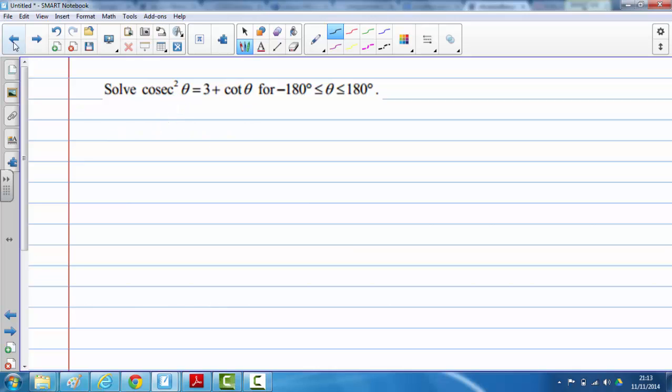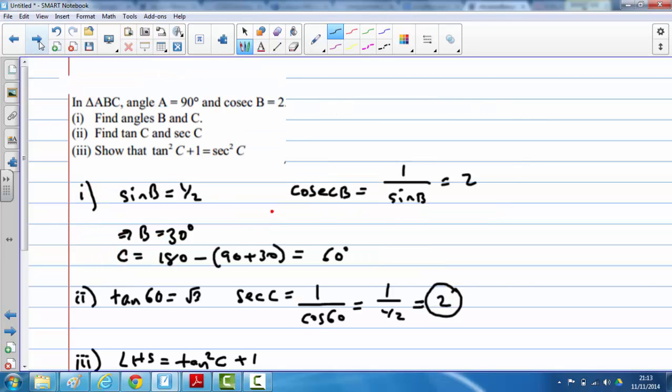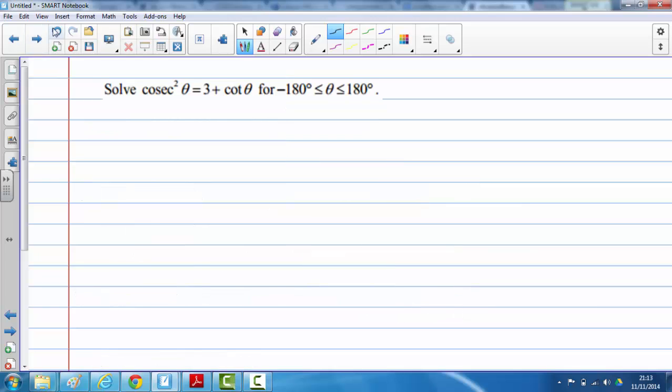And if we go back to our first page, we actually have our identity which relates the cosec squared and the cot squared. So we've got that 1 plus cot squared theta is equivalent to cosec squared theta.